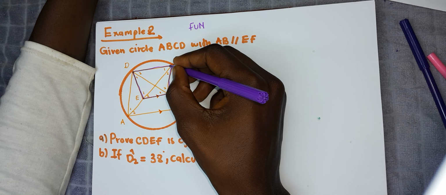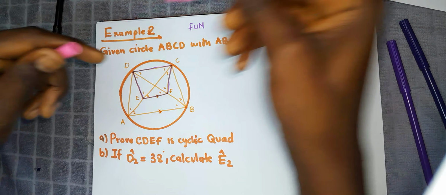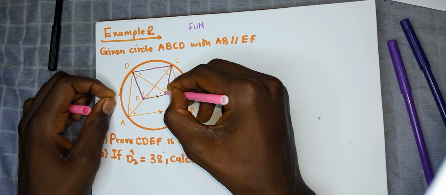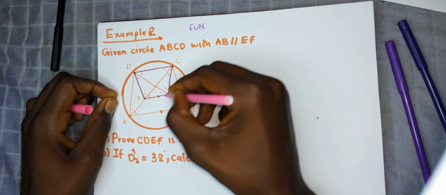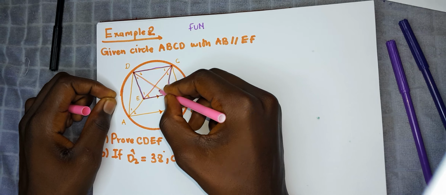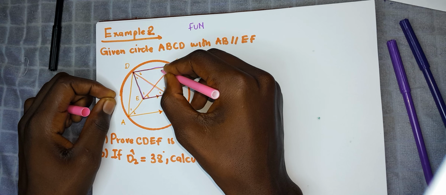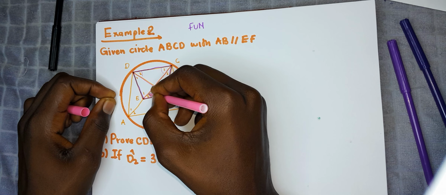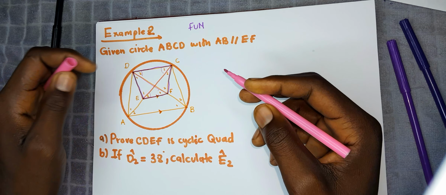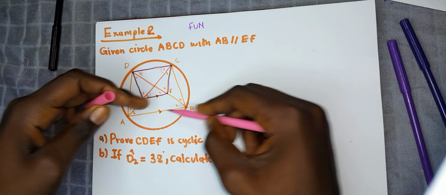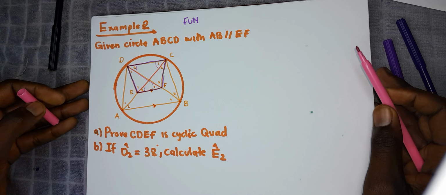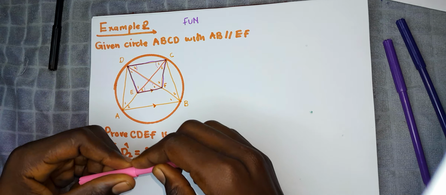From this particular point, if you take a look here, you can also see a butterfly, which is this one. So if you can prove that this particular angle is equal to this, or that this is equal to this, then we can conclude that this is a cyclic quadrilateral, because it will be the converse of theorem 4. So how can we do that?